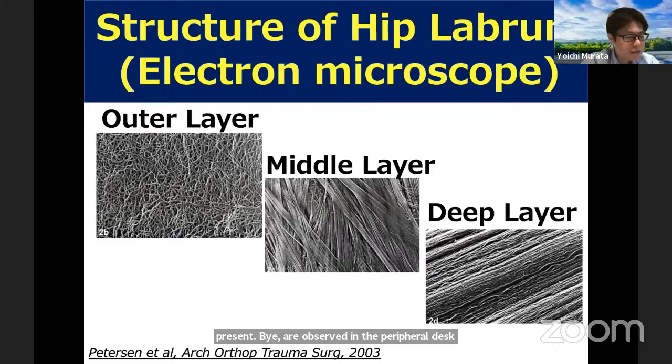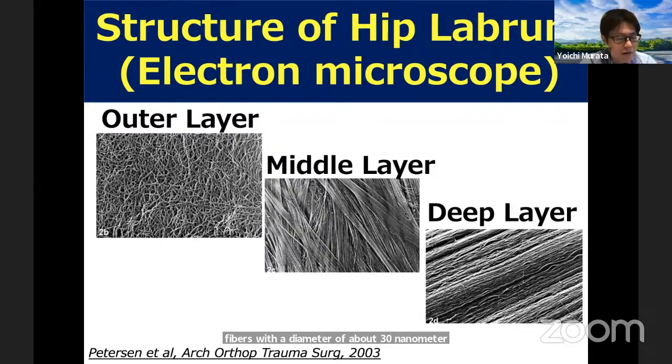This is the image of the hip labrum captured with an electron microscope. The superficial layer, approximately 10 micrometers deep from the articular surface, consists of a mesh-like structure composed of thin collagen fibers with a diameter of about 30 nanometers.